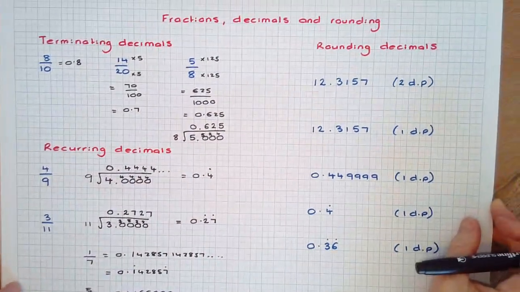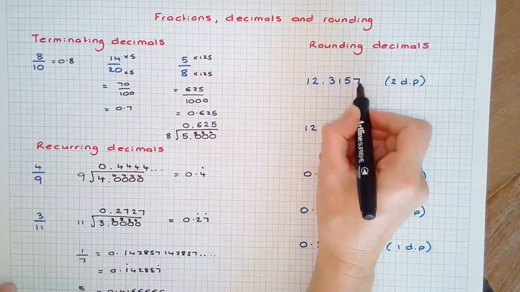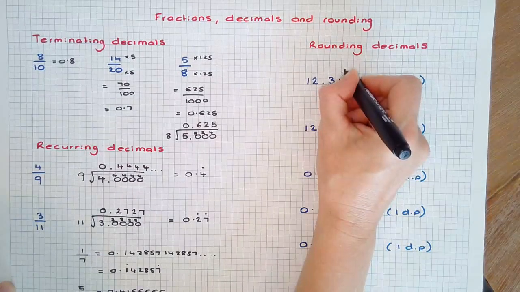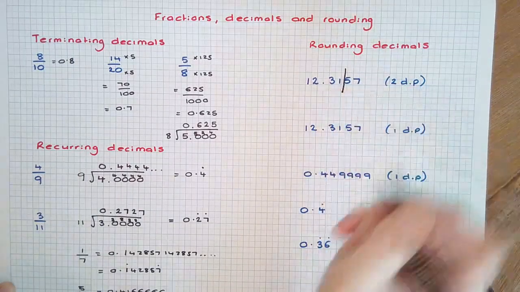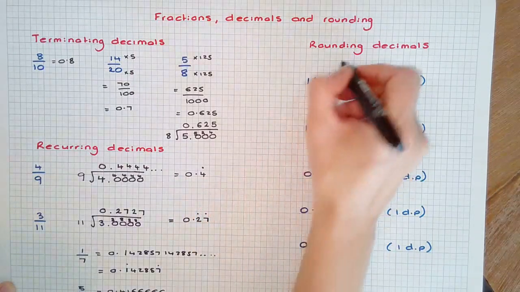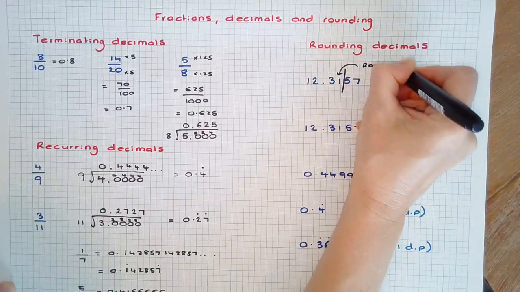Rounding decimals. Suppose we want to round 12.3157 to 2 decimal places. That is, we want to see if we can ignore all decimal places after the second digit. The 1 is called the rounding digit.